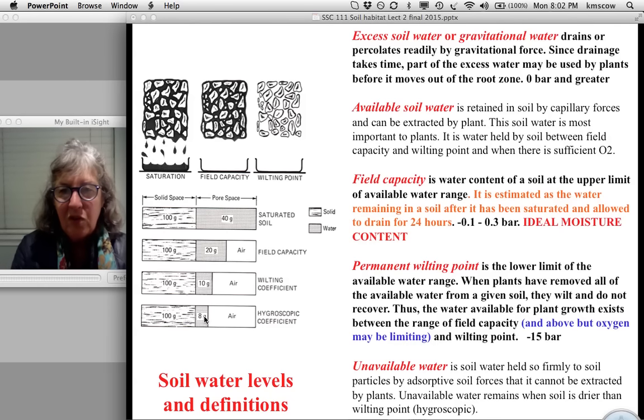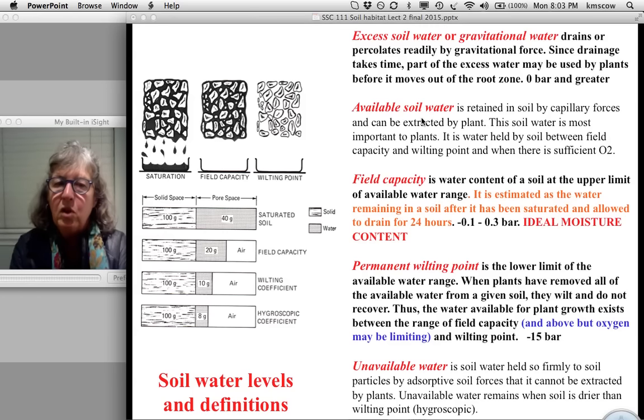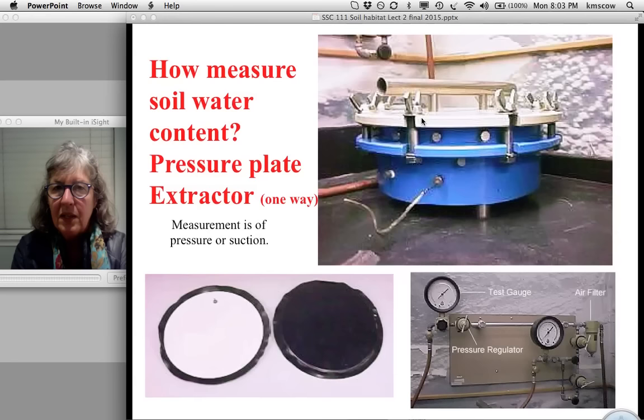Available water is the water held between field capacity and wilting point. This water between about minus 0.3 bar and minus 15 bar is soil water available to plants.